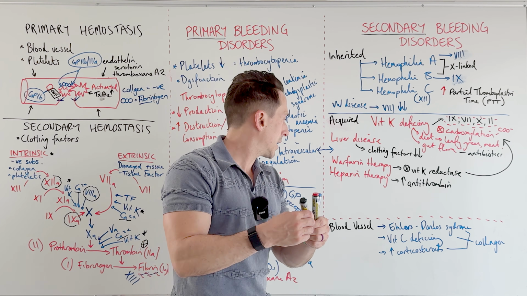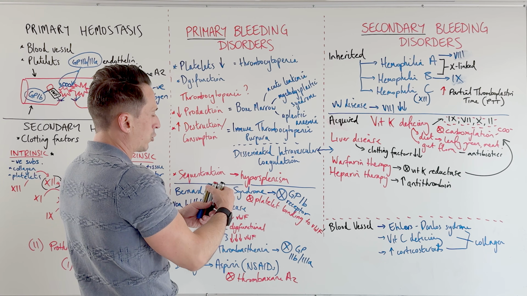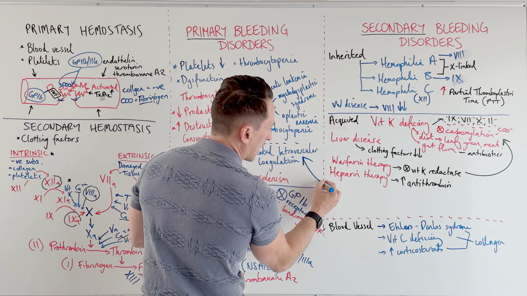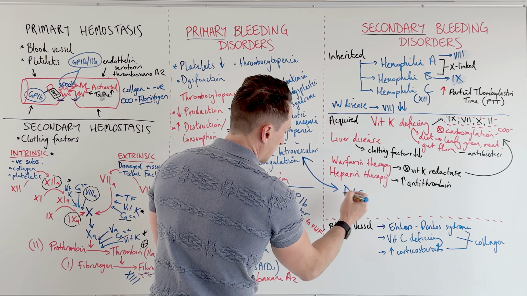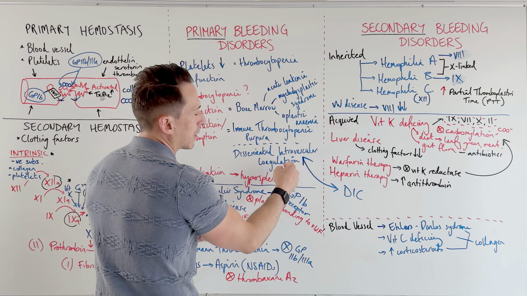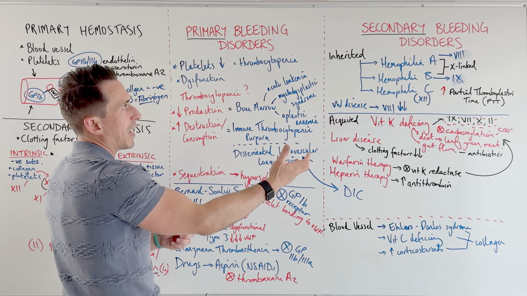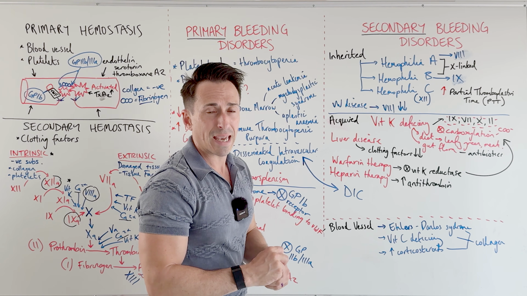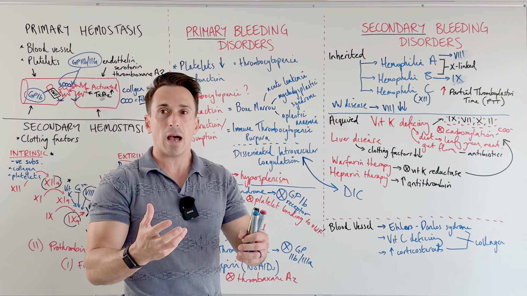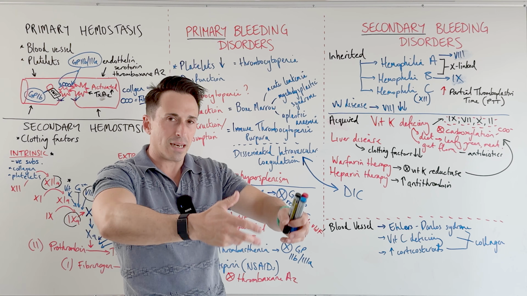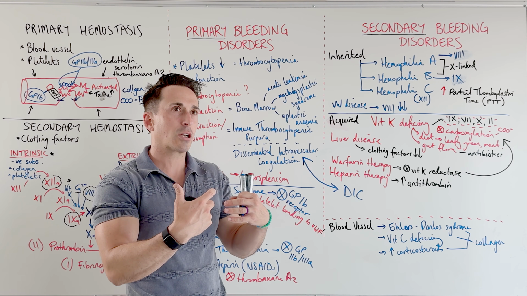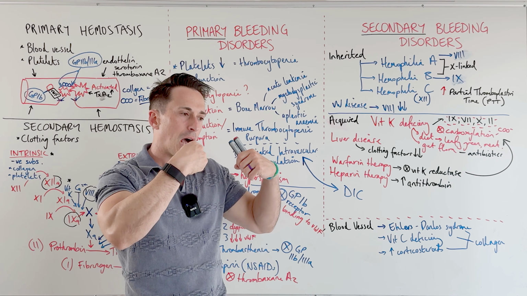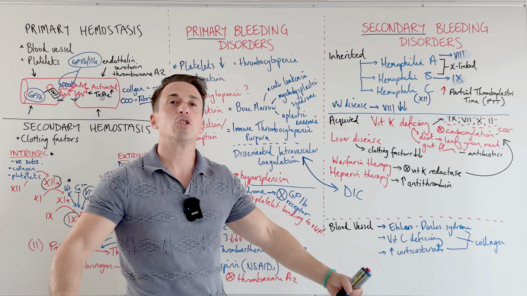And then finally, the last one is disseminated intravascular coagulation. So let's do this arrow here and write DIC. The question is, how is it a secondary bleeding disorder? Well, what ends up happening is that when you start to bring in these tissue factors, coming from the body, the tissue factors are stimulating a clot to form, and it's consuming the platelets.